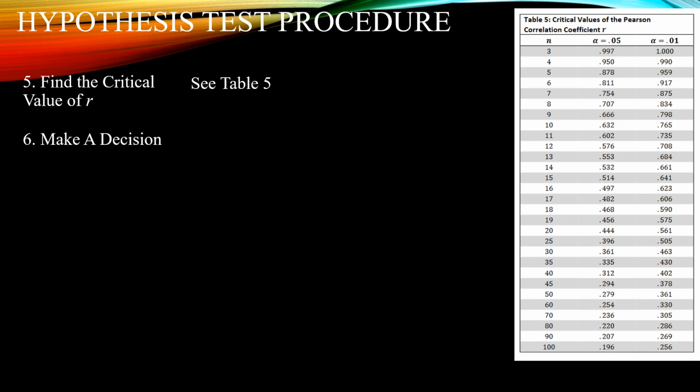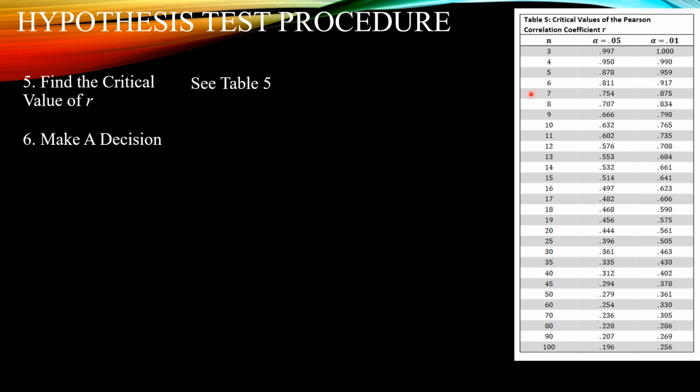Basically, if your sample R value has a number that is bigger than or equal to the critical value that you have for your specific sample size, then you're going to have that your sample coefficient is bigger than the critical value, and therefore statistically significantly close to 1 or minus 1.